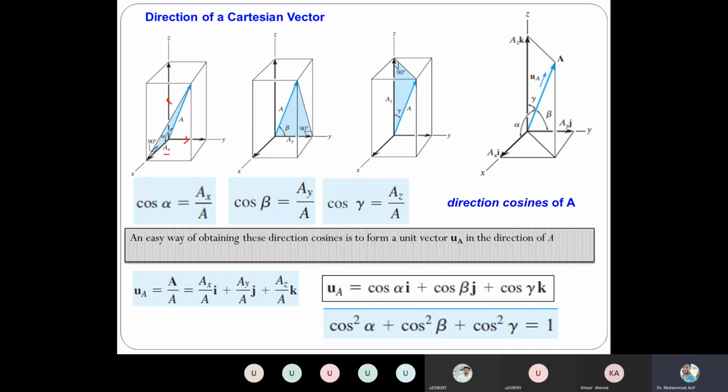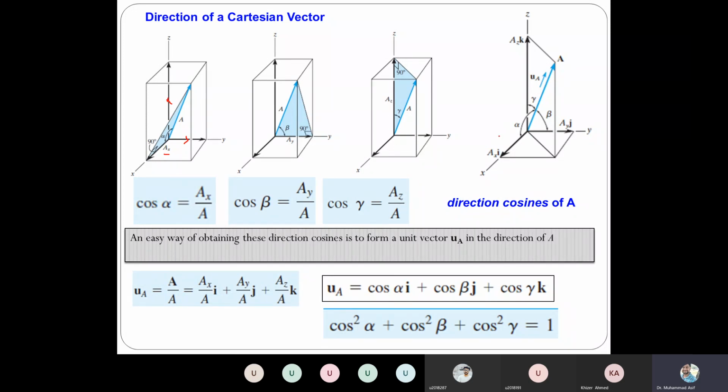Each component of the vector A can have a direction cosine or direction angle with respect to the different coordinate axes. Let's say AX has angle alpha with that vector, AY has angle beta with that vector, and similarly the component AZ has angle gamma with vector A. That angle is with respect to the vector and its component.